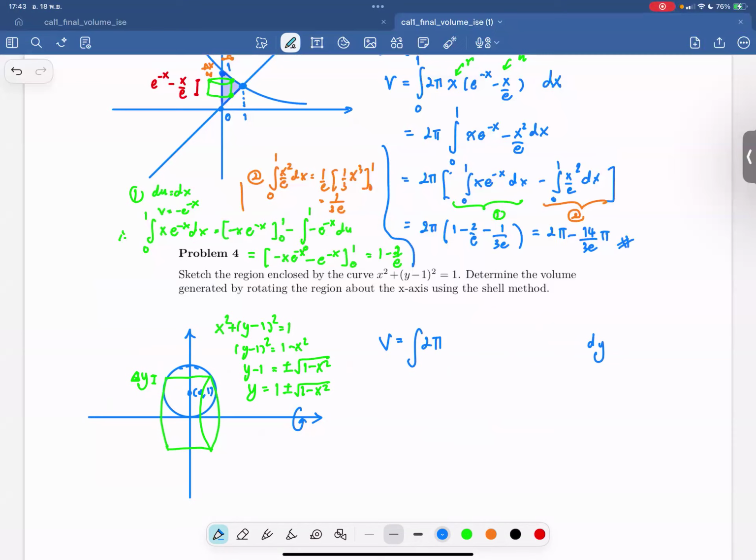The radius of the cylinder is just the value of y, so we put y here as the radius.